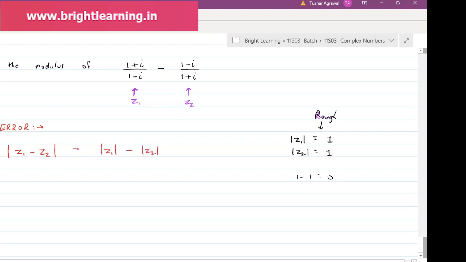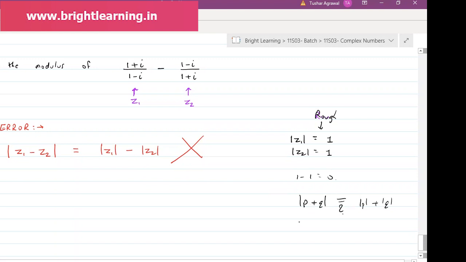You are taking this equality, which is completely wrong. Got it? Like in simple real numbers also we used to do these things. If I tell you real numbers p and q, whether mod of p plus q is equal to mod p plus mod q, no guarantee.